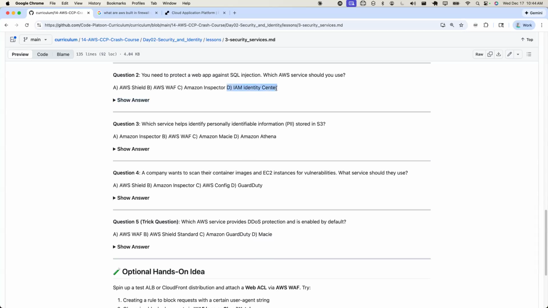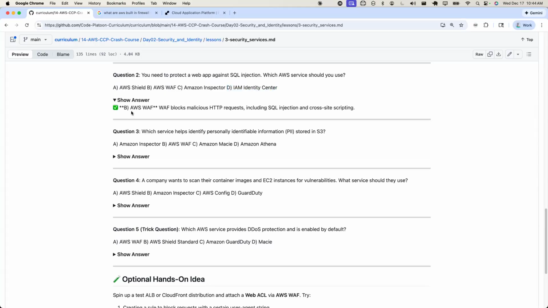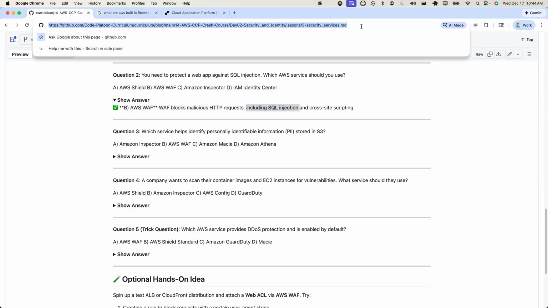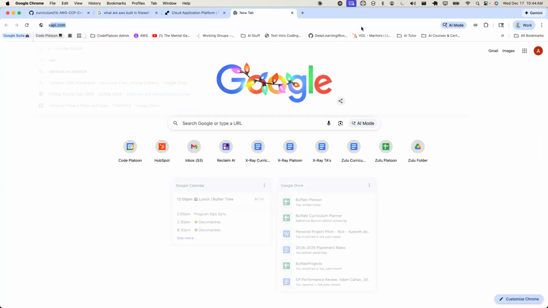I know it's not related to these security tools. And then the answer here is WAF, right? WAF's job is to block malicious HTTP requests, which includes if someone's trying to sneak some SQL into the query string or JSON.